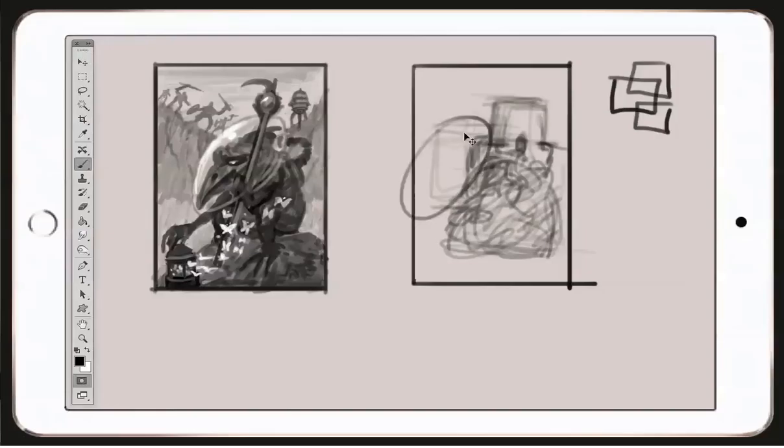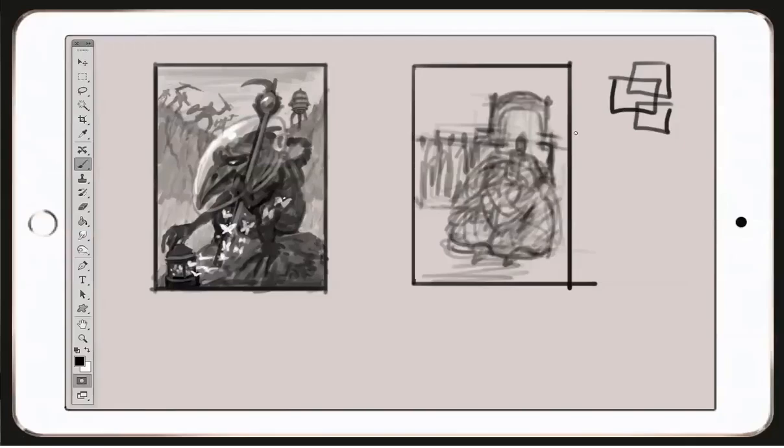So back here, maybe there's some figures standing here. Maybe it's her guard. And those figures become part of that square shape or rectangular shape of the underlying structure that I lightly and roughly indicated before I started drawing any subjects. So you see that underlying structure is changing, but it's basically still there.